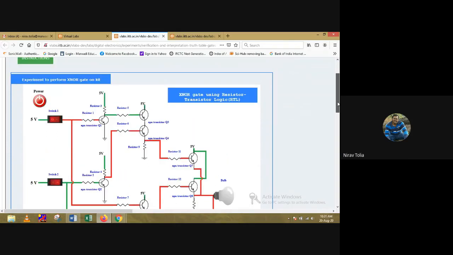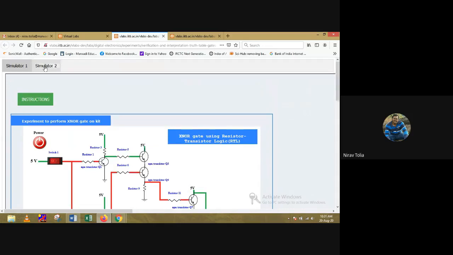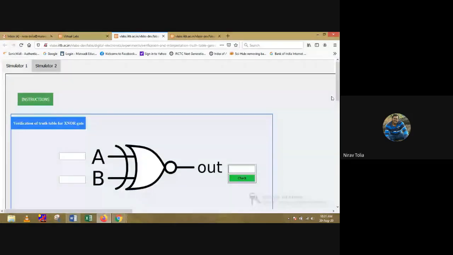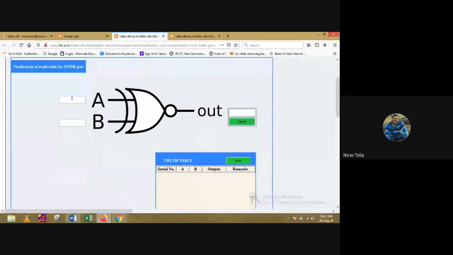When both the inputs of the gate are the same, then it gives you the output 1. So 001, 010, 100, and 111.